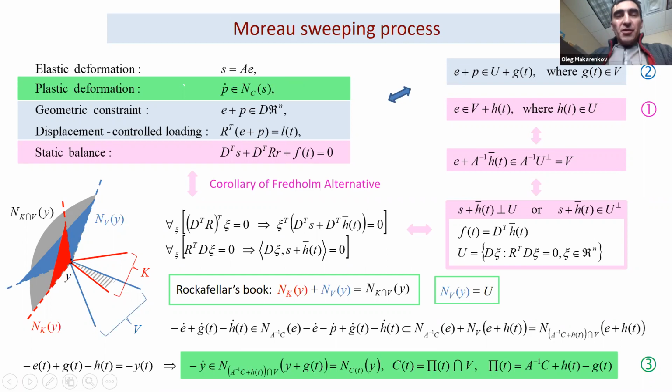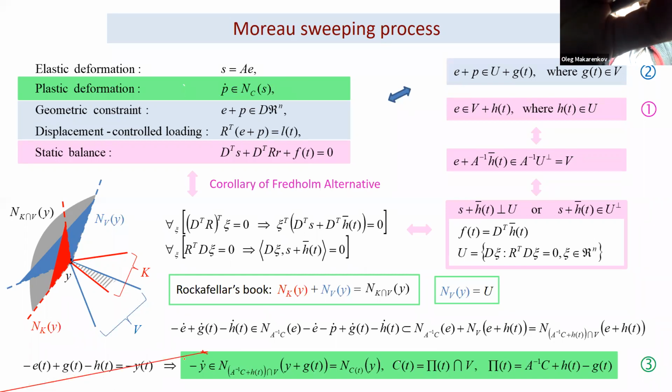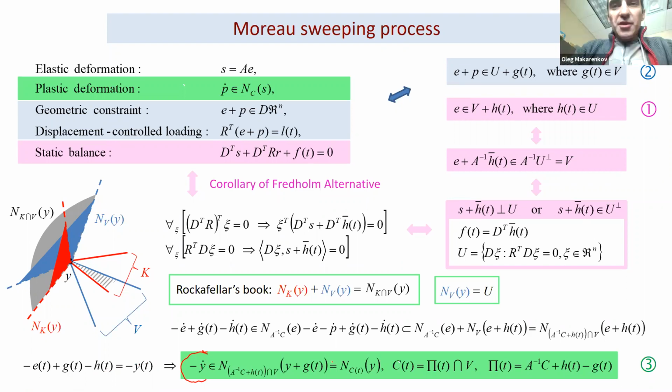Okay, and finally, what we get is this sweeping process, this one, y minus y dot equals this, where this C of t is the intersection coming from this formula.